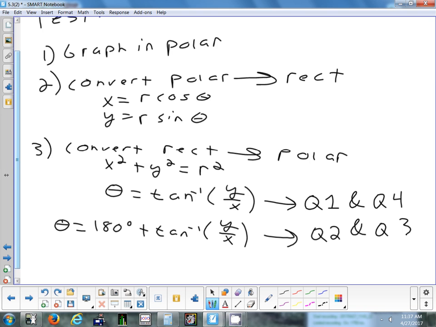What if you were in radians? Instead of 180, you would use pi. Okay, so that's how you find theta. Those formulas are exactly the same formulas you use whether you're doing imaginaries, like last night, or what we did back on Monday and Tuesday. You use the same formulas.